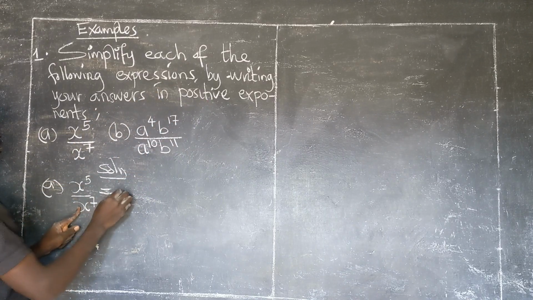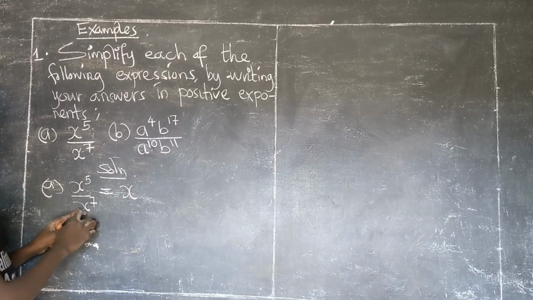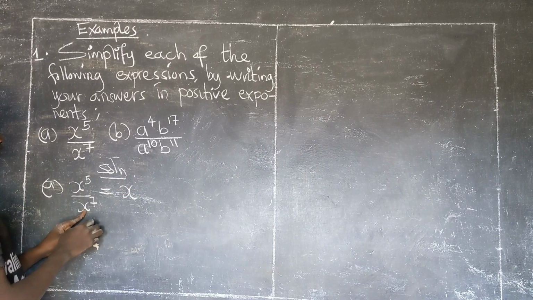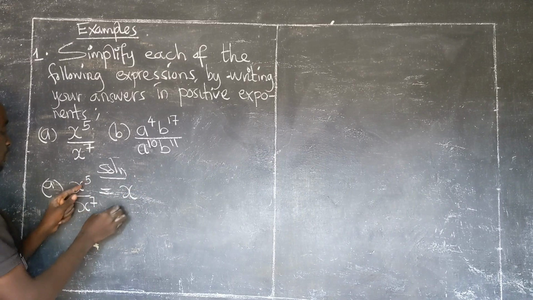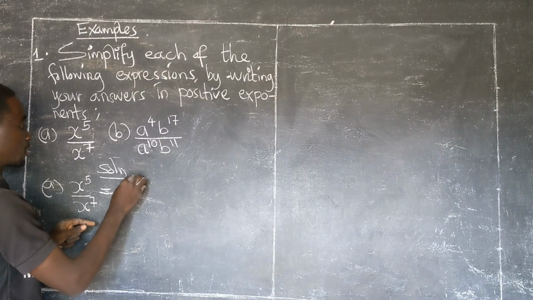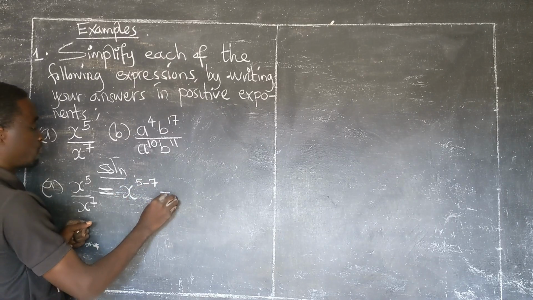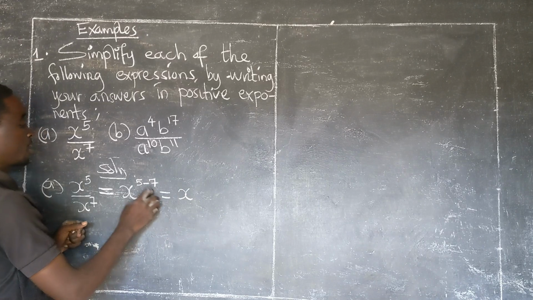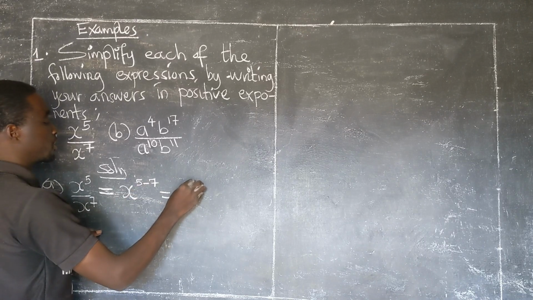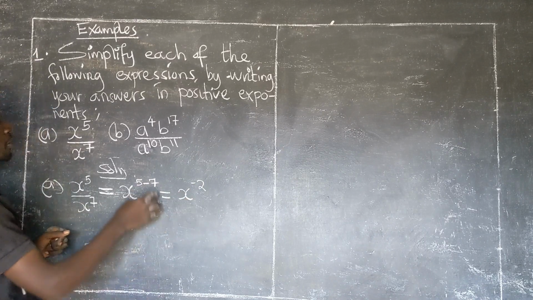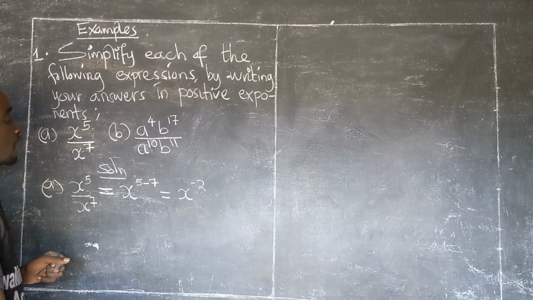Now this is going to be equal to x. As it is division, you have the same base. You take your one base and you subtract the exponents, 5 minus 7. Here we are going to have x raised to negative 2. But the answer should be in positive exponents.